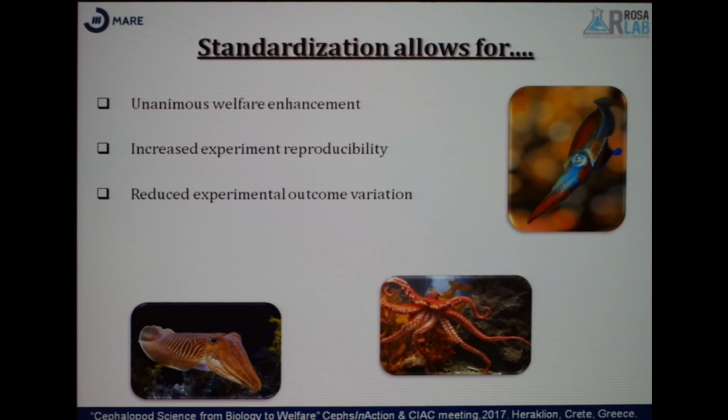Reduced experimental outcome variation, because everyone that works with cephalopods and their behavior knows that interspecific variation is a very common thing. And so it happens due to sex, life history, maturation stage, etc. So we should also work in reducing that as much as we can.